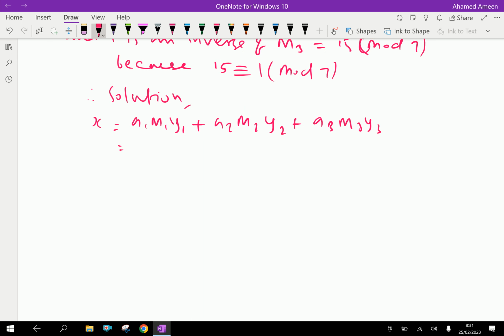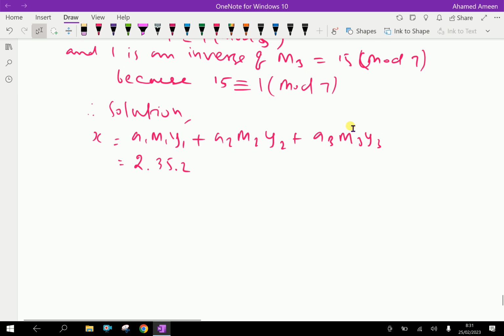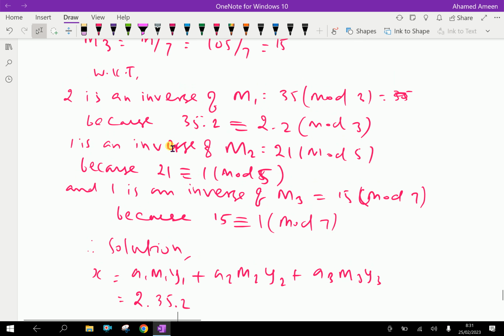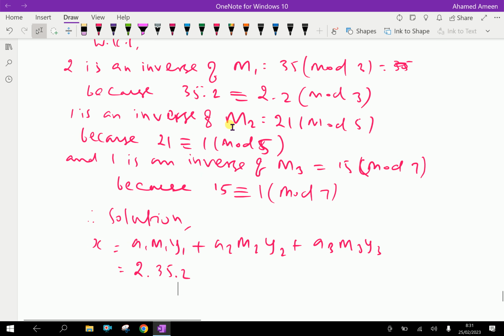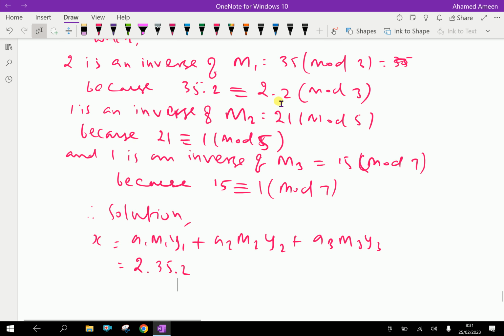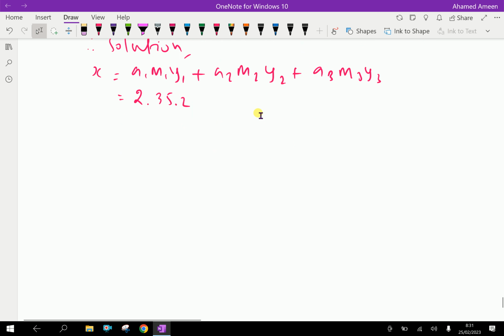We are substituting the values: 2 times 35 times 2, plus 3 times 21 times 1, plus 2 times 15 times 1.